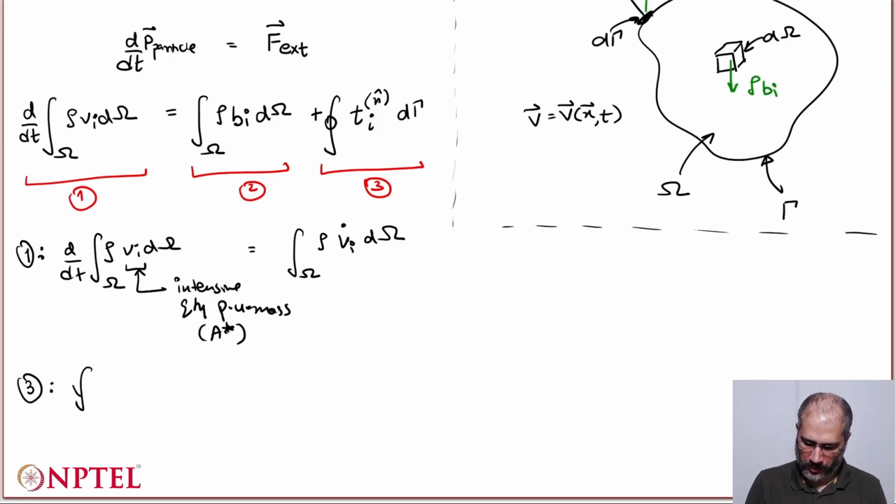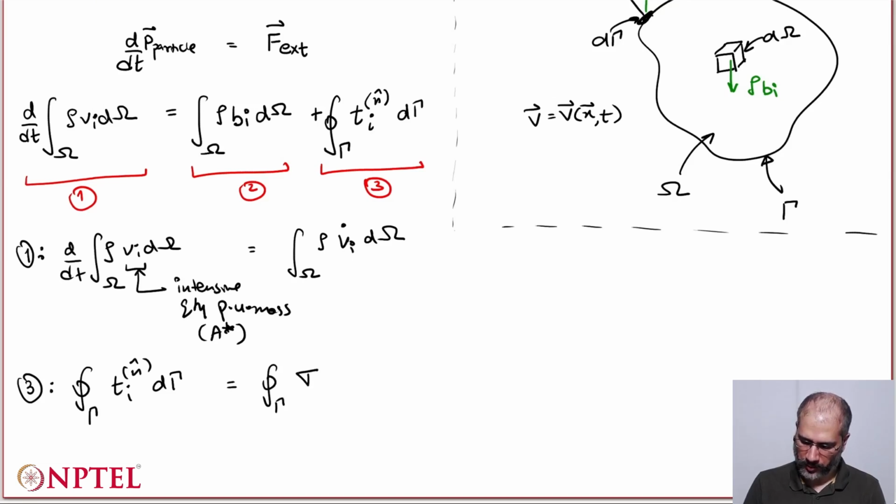Term 3 is a surface integral. I should write it's a surface integral over gamma of the traction vector T n hat times d gamma, which is the infinitesimal surface force acting on the surface d gamma. So I can write this in terms of the stress tensor sigma using the Cauchy stress formula.